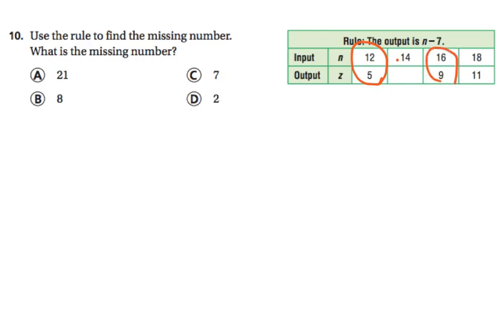The third term, you go from 16 down to 9. In the fourth term, you go from 18 down to 11. Okay, and they told you n minus 7, so hopefully you took that 14 and you subtracted 7, not added it. You subtracted 7 and you would have gotten 7 as your answer.